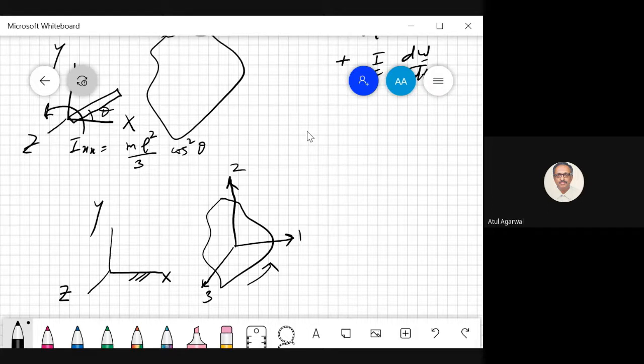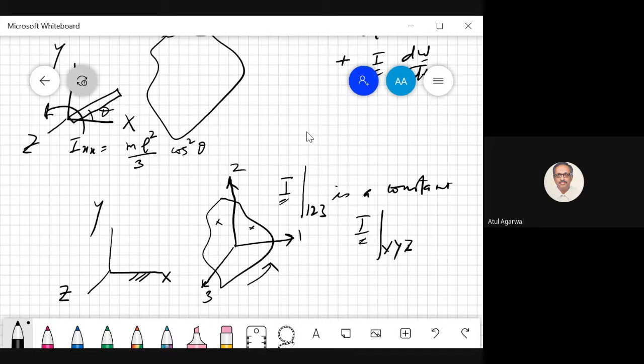So you see, my I matrix with respect to 1, 2, 3 is a constant, because the position of each particle in the body is the same with respect to this coordinate system, which is embedded in the body and rotating with the body. Am I all right? Yes, sir. While I x y z is not a constant.